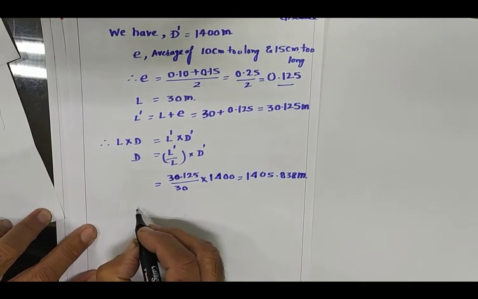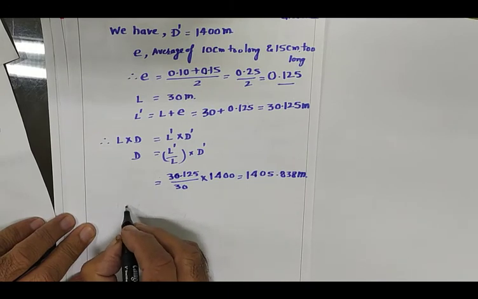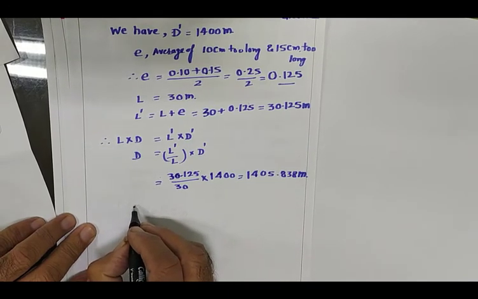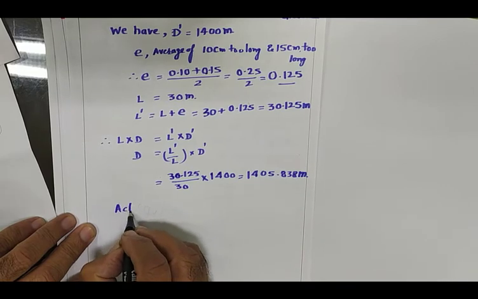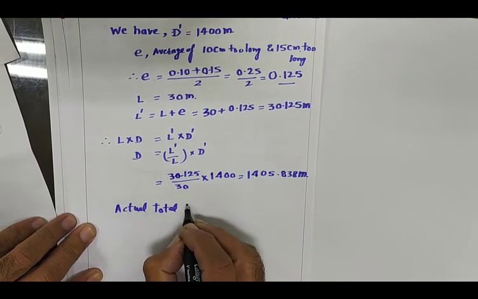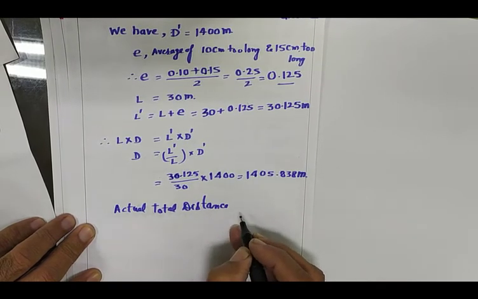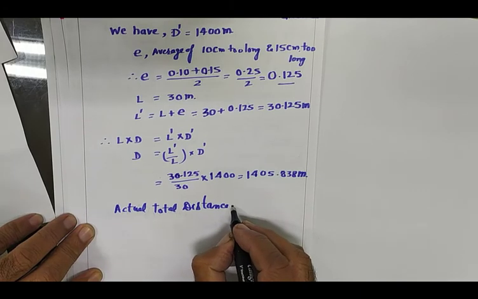So the total distance that we have measured, that is 2900 meter, the actual total distance will be the sum of the distances we have already calculated.